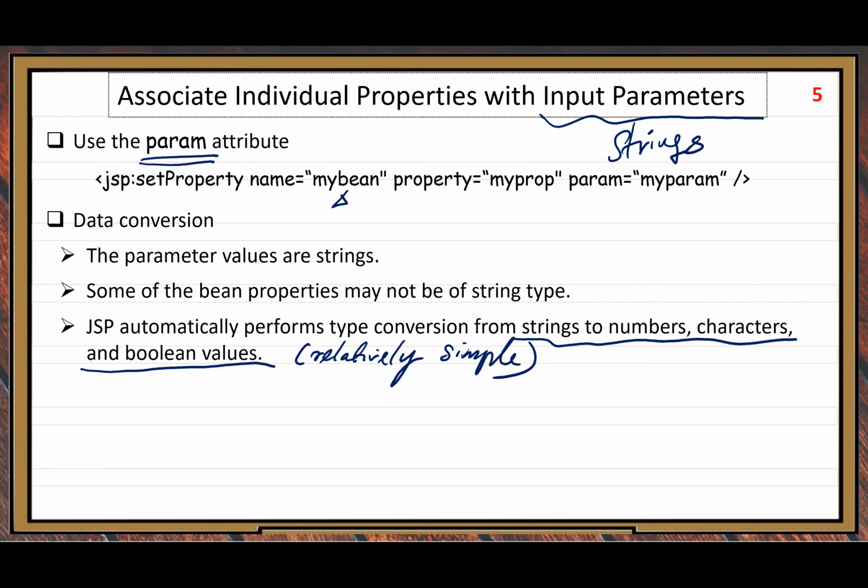The JavaBeans specification provides some special way that allows you to do that kind of conversion. But that's not automatic. You need to do setup. You need to write some conversion classes.